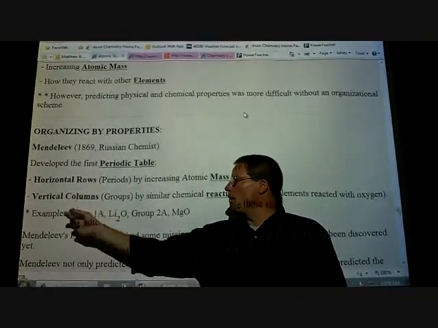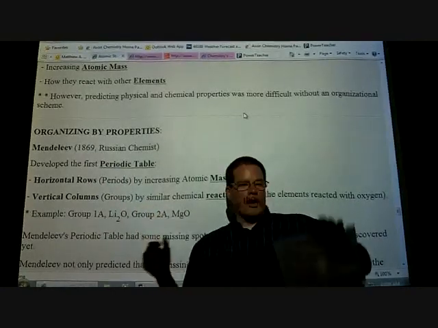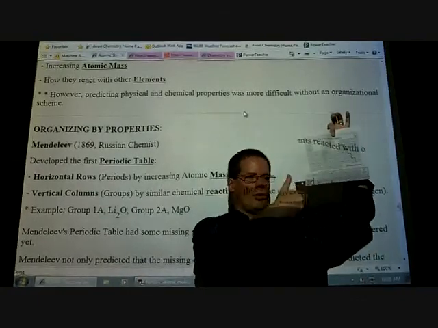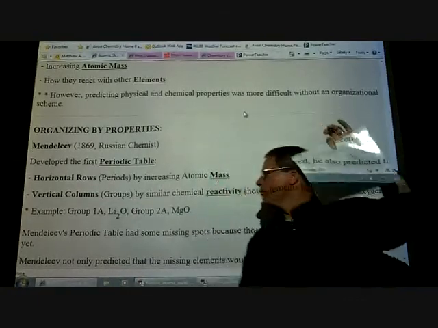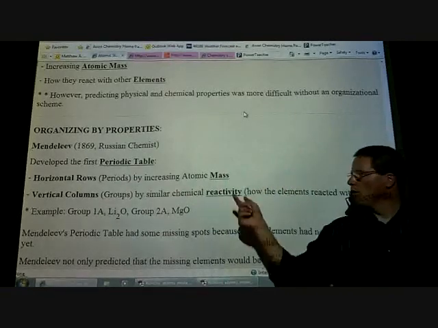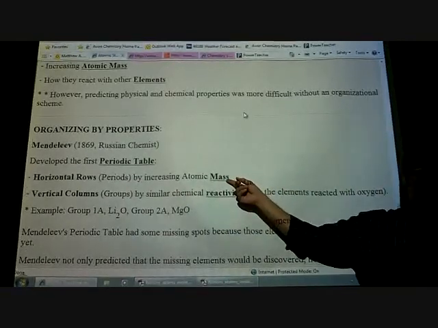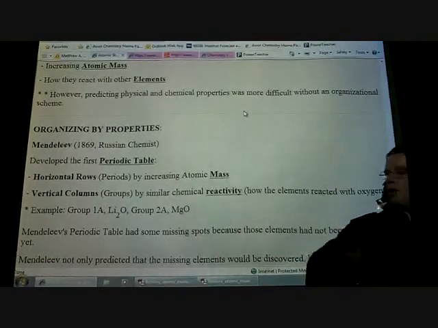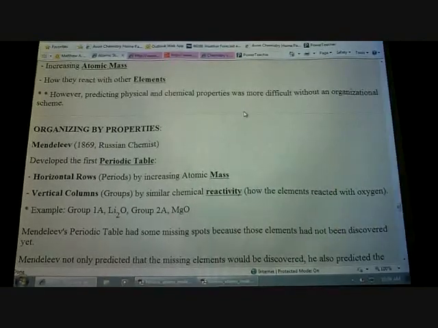He came up with the periods in groups. Period is a row. A group is a column. Okay. We also can call the groups or the columns families. And it's the horizontal rows were arranged based on increasing mass, and the vertical columns based on how things reacted with other things.